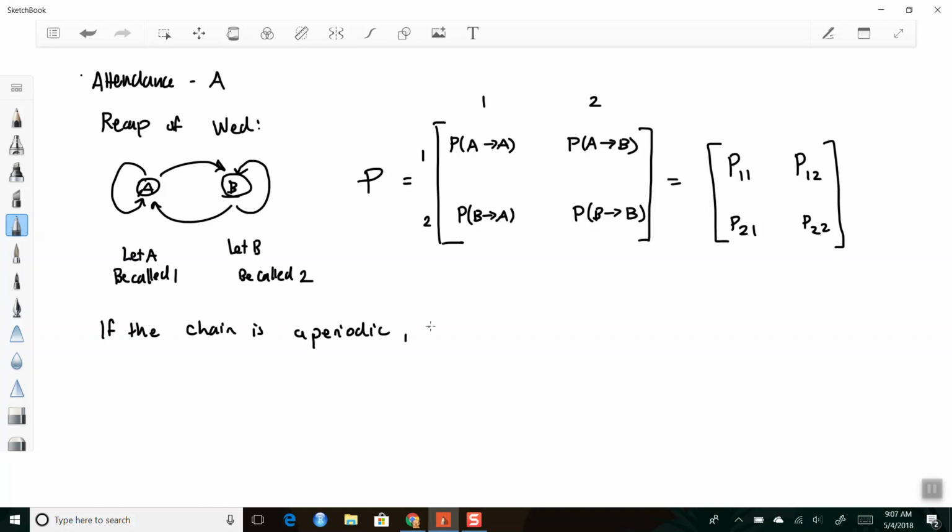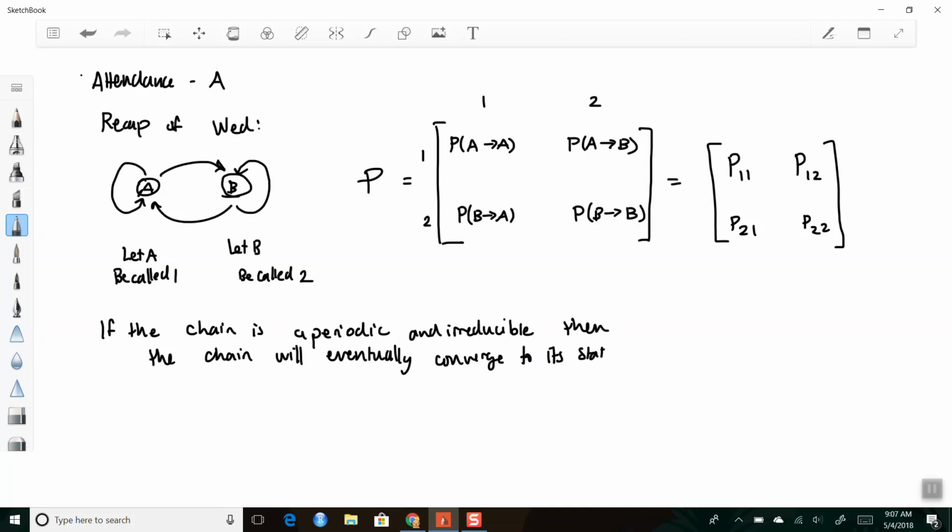And if it's irreducible, that means you can reach any of the other states from any of the other states.